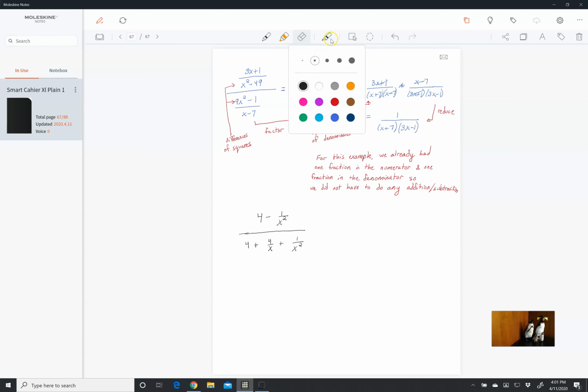It's helpful to take our whole numbers and write them over 1, just so that we don't forget that we have to multiply on top and on bottom. And we have 2 fractions, so we're going to say what does the other one have that this one doesn't. The other denominator has an x squared. This one doesn't. Notice we're only looking at the numerator. So we multiply by x squared over x squared.